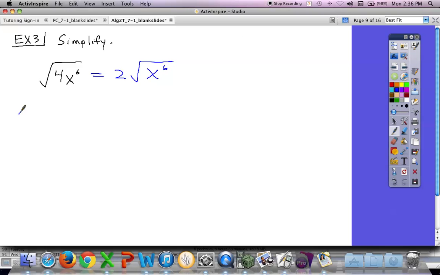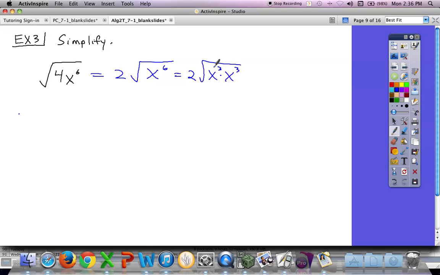Okay, now we have to simplify the square root of x to the 6th. Remember, what does it mean to say the square root? It means what is the thing that multiplied times itself gives you x to the 6th? Think of it like this. You could go, that's x to the 3rd times x to the 3rd. You multiply that times itself, you get x to the 6th, because the properties of exponents say add, right?